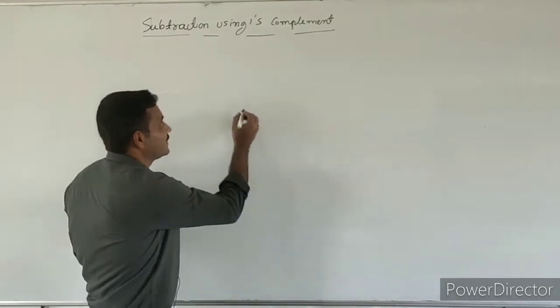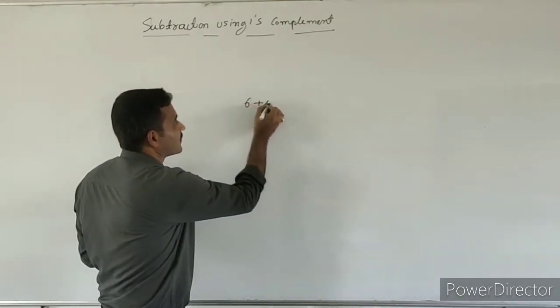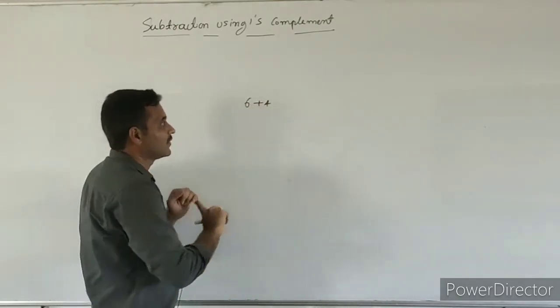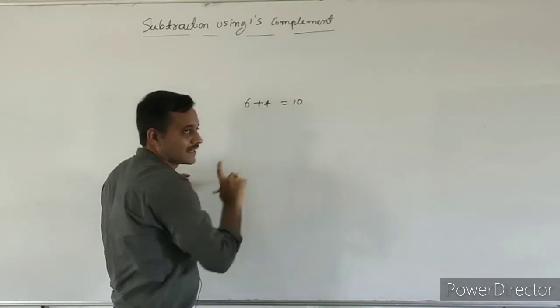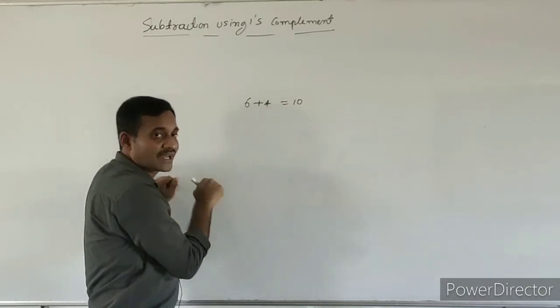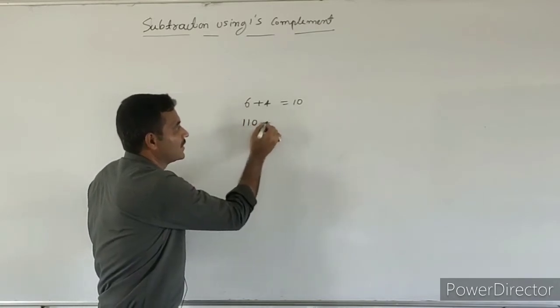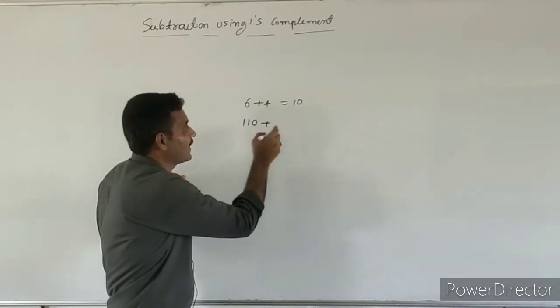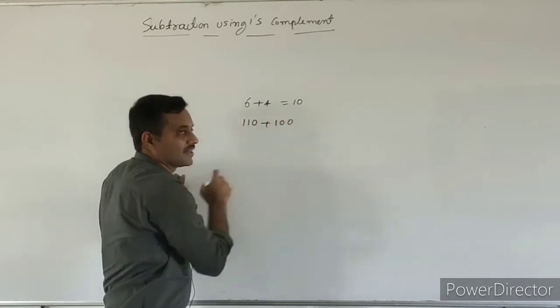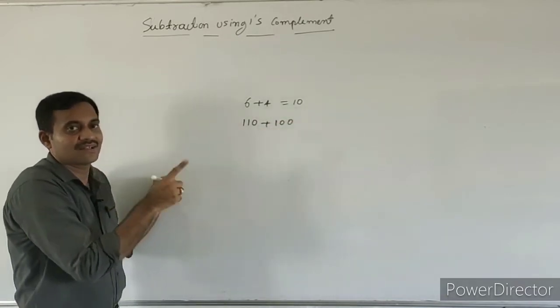For example, if it is 6 plus 4, you directly write it as 10 in decimal. But if it is in binary, 6 is represented as 110 plus 4 is represented as 100. Already we know how to add the two numbers.